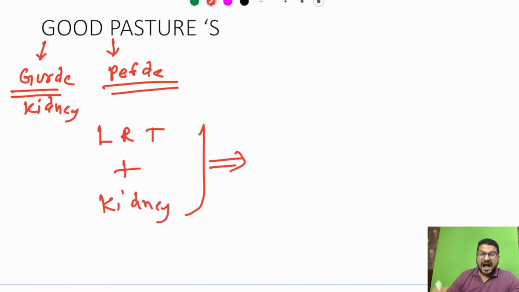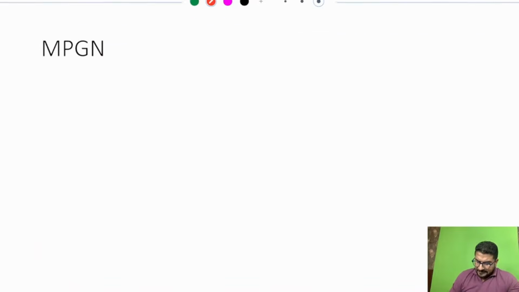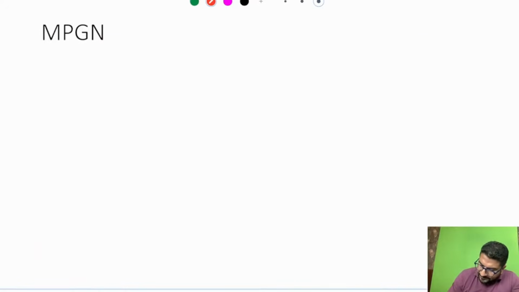Wegener's में क्या होता है? Upper respiratory tract भी involved होता है. In Wegener's you will see the upper respiratory tract is also involved. So this is about good pasture, and the antibody that we find here is anti-GBM. Anti-GBM means anti-glomerular basement membrane antibody. Okay, now understand, MPGN is a condition. It will have features of both nephritic and nephrotic.